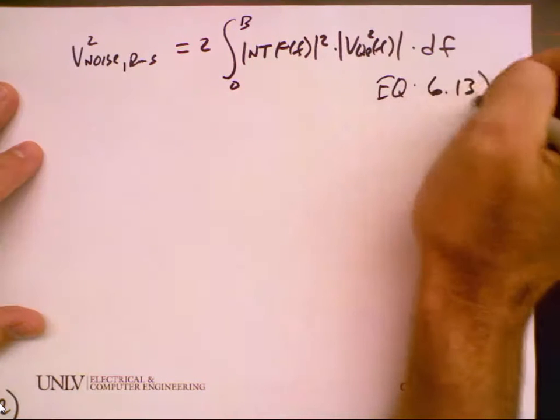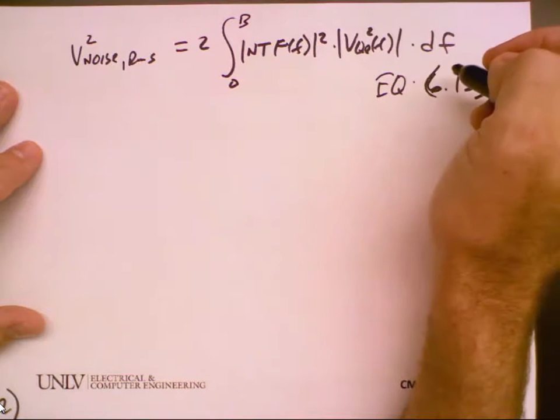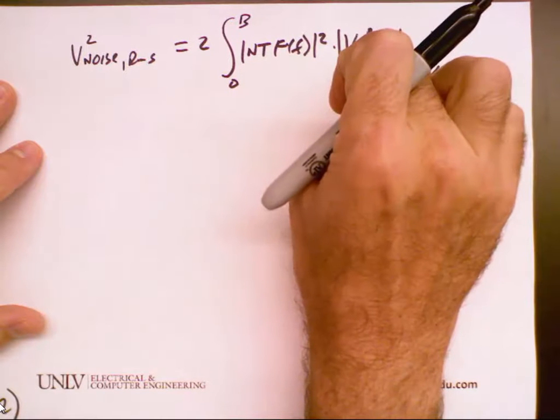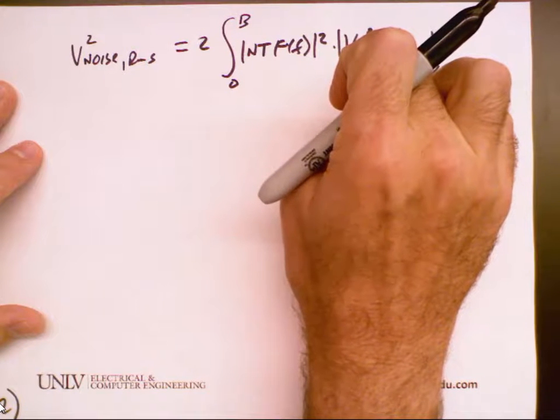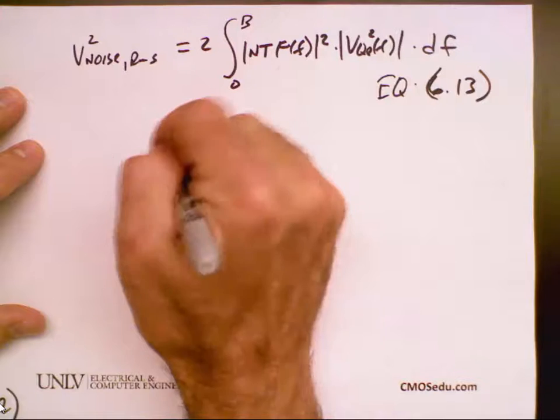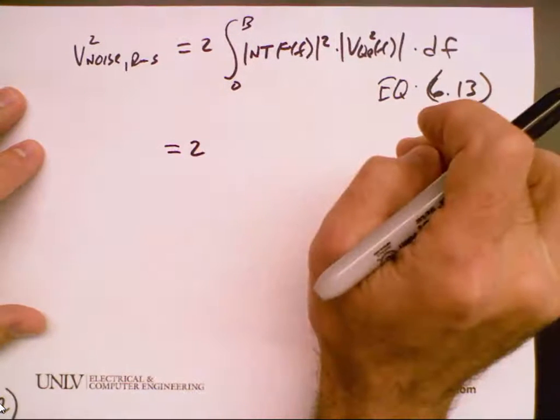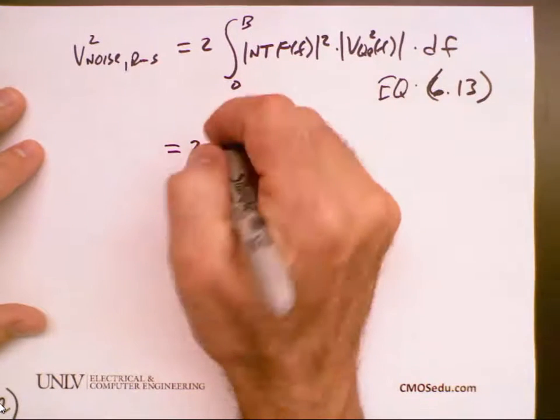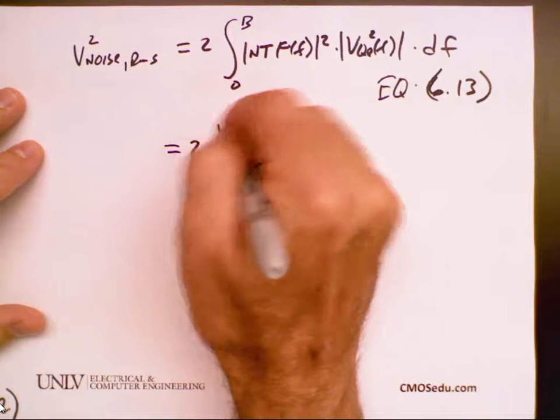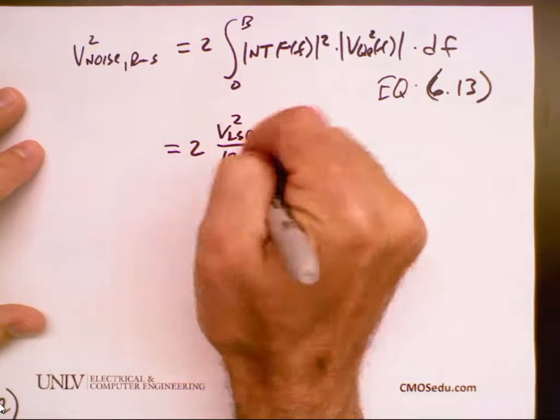And let me just pause for a minute because this we can move to the outside because it's not a function of frequency. It's flat, so it's VLSB squared over 12 times F sub S.